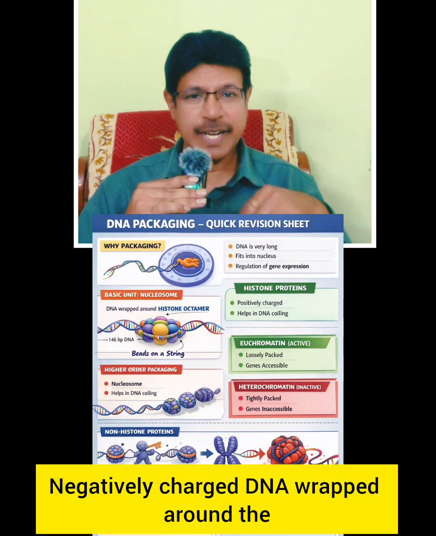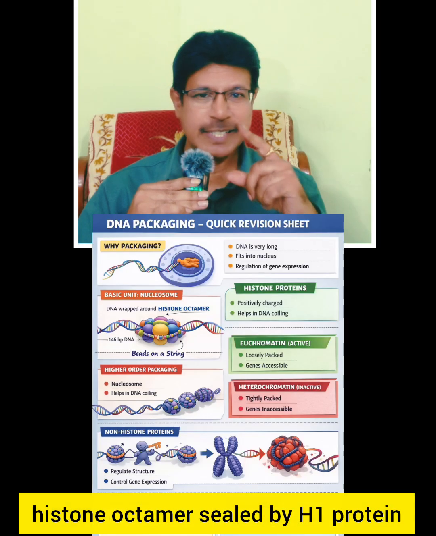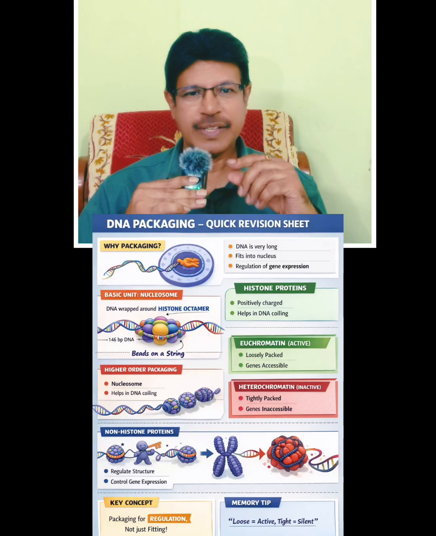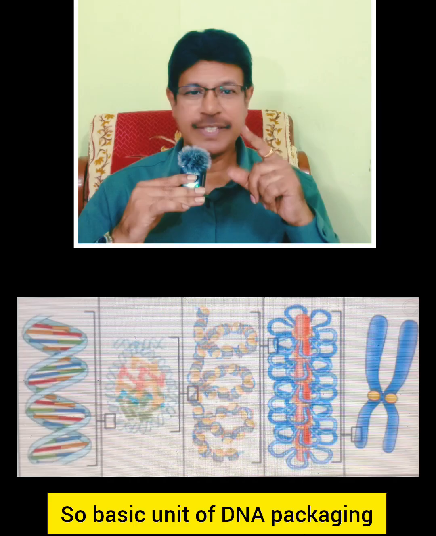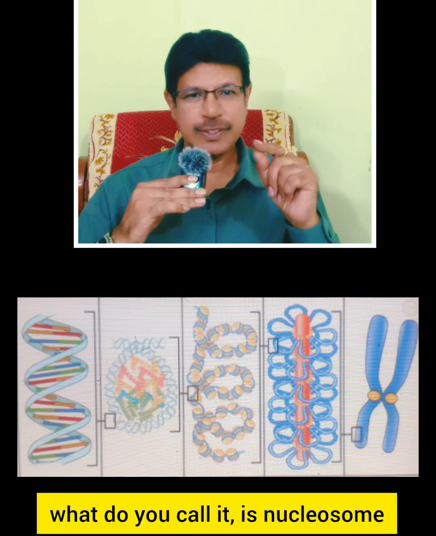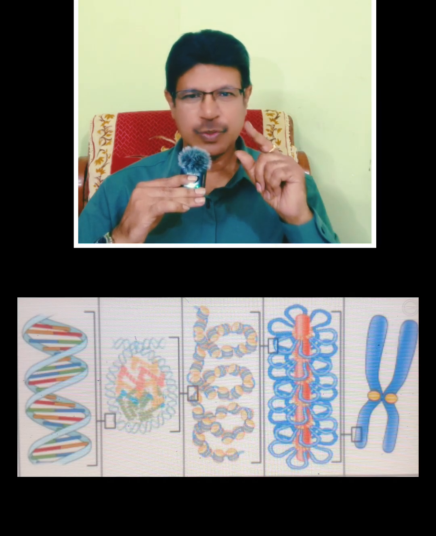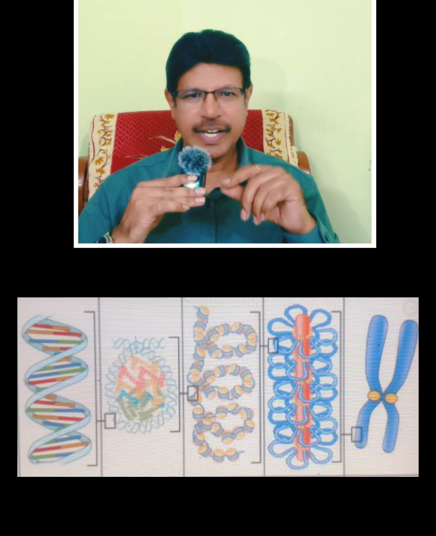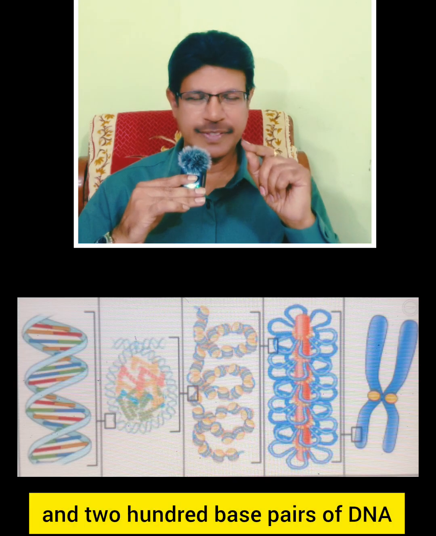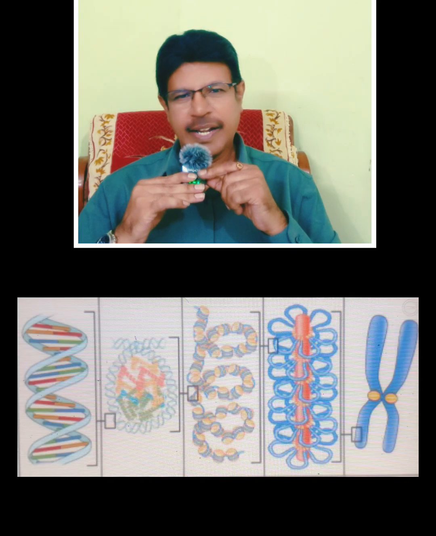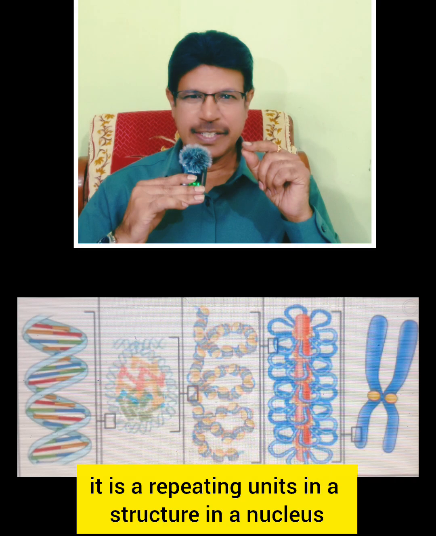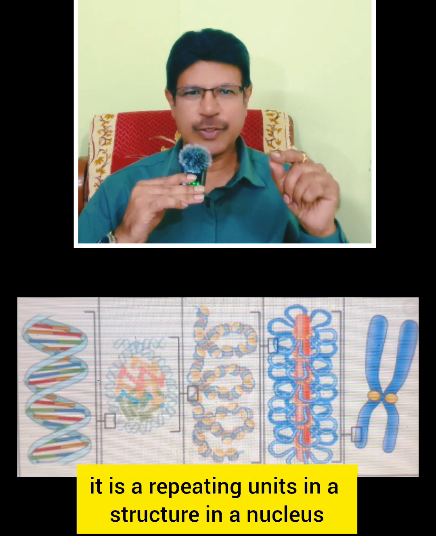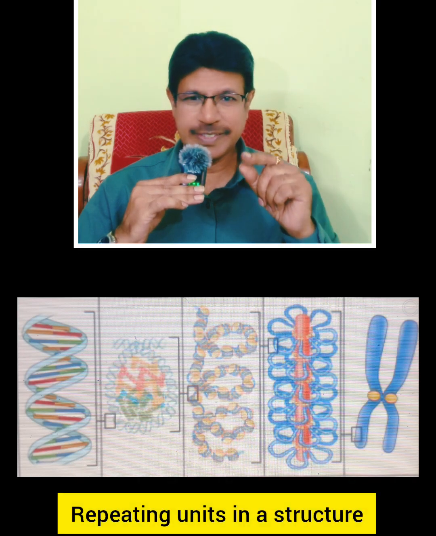Negatively charged DNA is wrapped around the histone octamer, sealed by H1 protein, which constitutes a nucleosome. So the basic unit of DNA packaging is the nucleosome. One nucleosome has 5 types of histone and 200 base pairs of DNA. This nucleosome is a repeating unit in a structure in the nucleus.